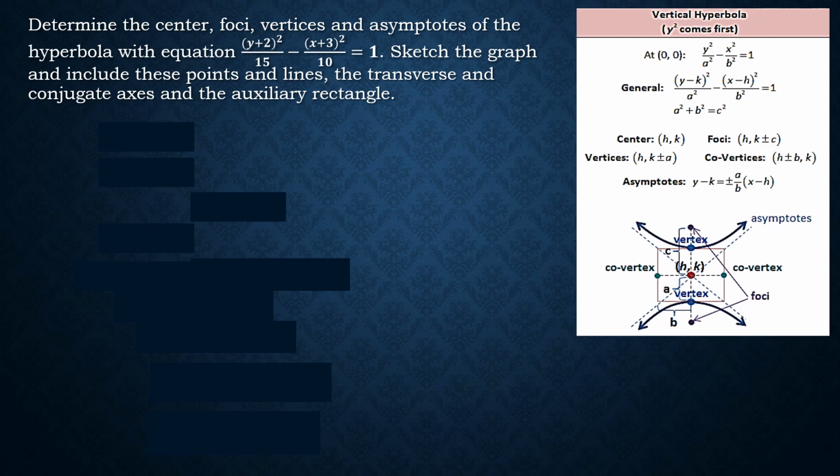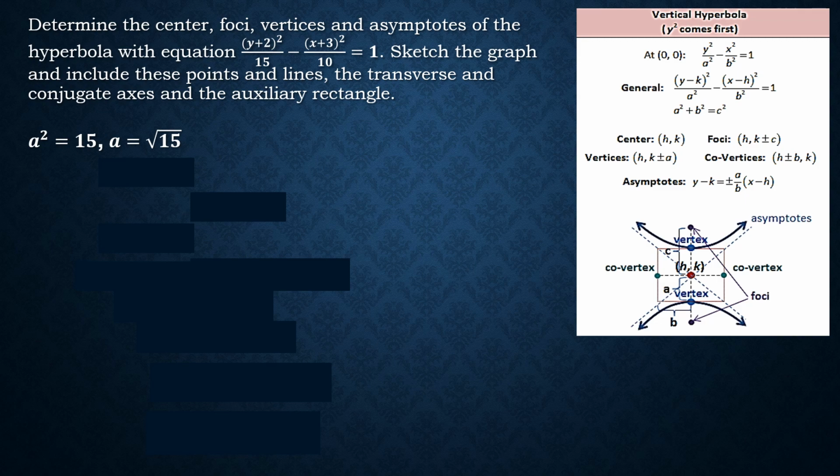Now, a squared is equal to 15. So, a squared is the denominator of the first term, and b squared is the denominator of the second term. So, we have a squared equals 15. Therefore, a is equal to square root of 15.